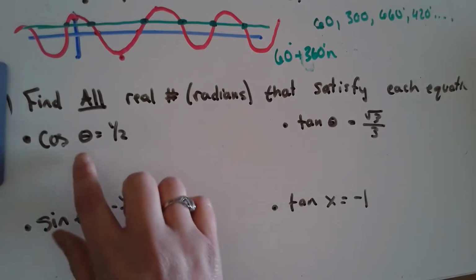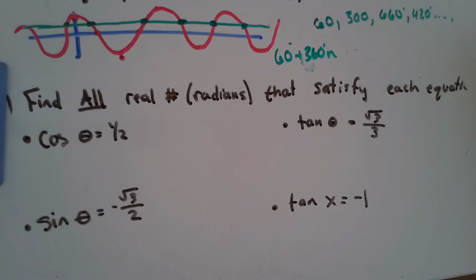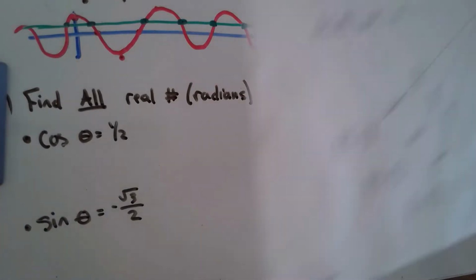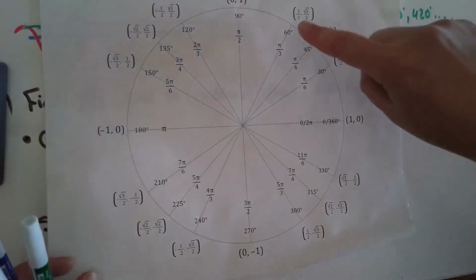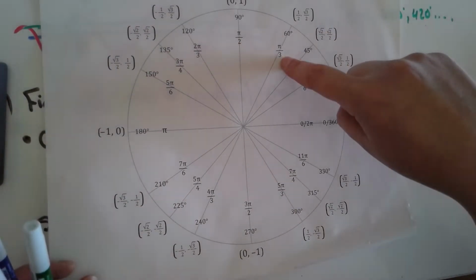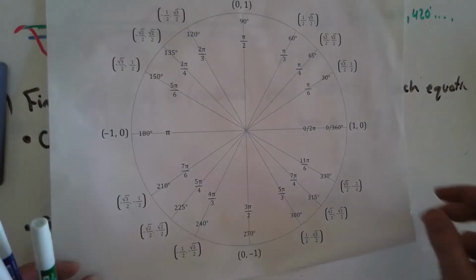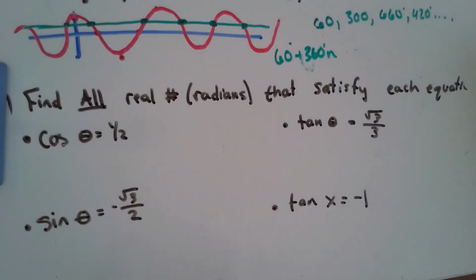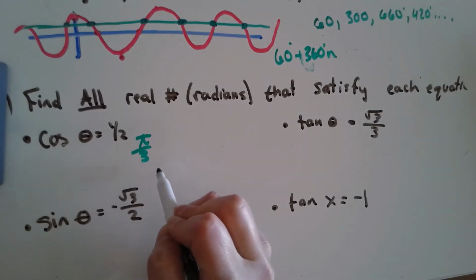So we kind of already solved this one. Cosine theta equals 1/2. We found on our unit circle where it's 1/2 with 60 degrees, or pi thirds, since we're going to do radians, and 300 degrees, 5 pi thirds. So we've got pi thirds and 5 pi thirds.